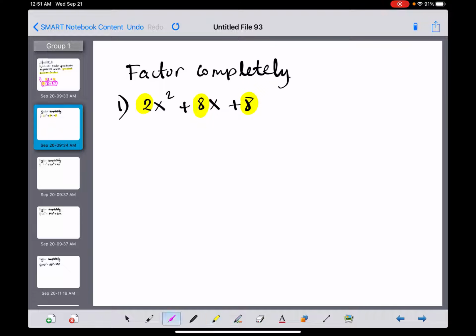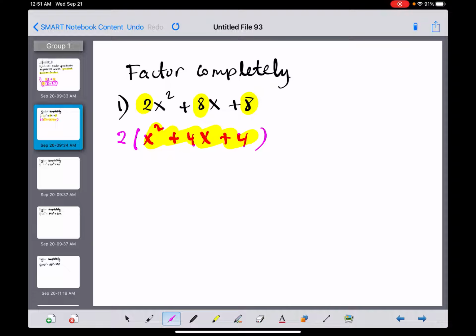They have a 2 in common, so I would factor out a 2. Then in here I would have x squared plus 4x plus 4. See that? So basically we're making a problem originally with larger numbers into smaller ones, which is easier for us to factor, okay? And here we would do the guess and check method.